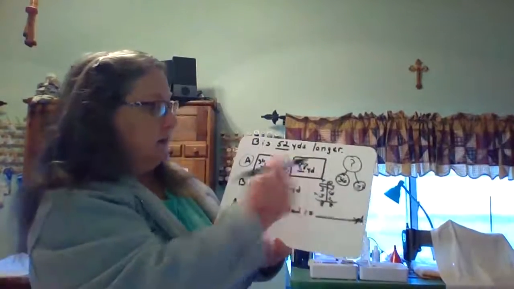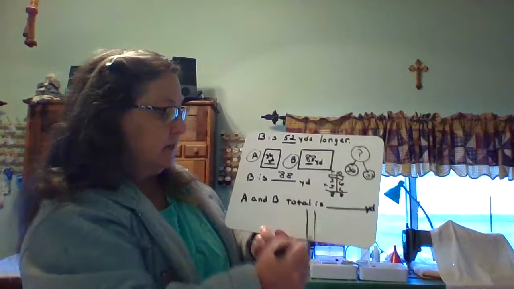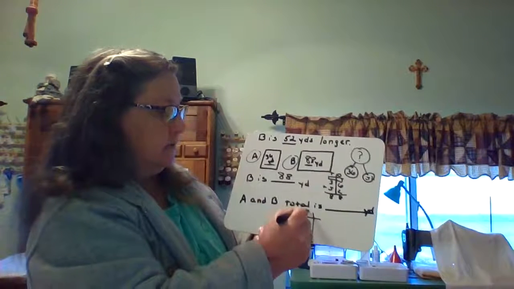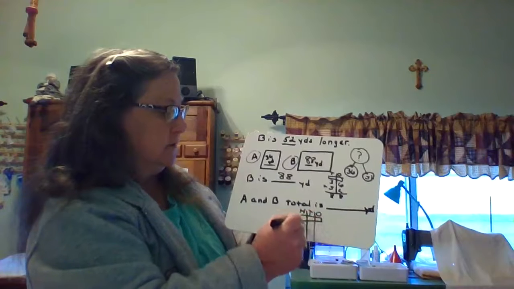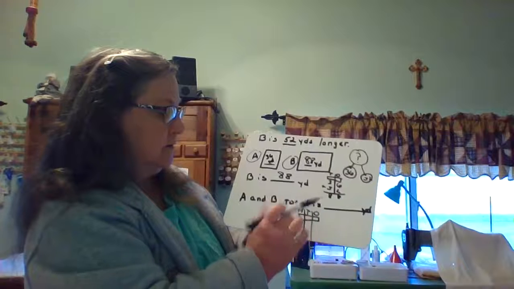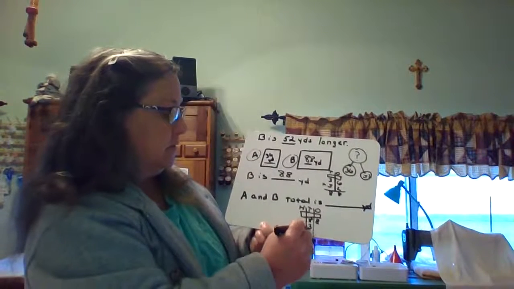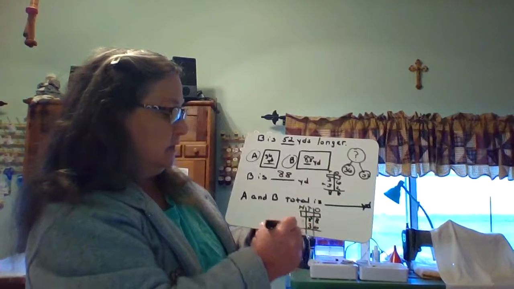I have 88. That's close to that 100. So I'm going to go on and make this a hundreds T. Hundreds, tens, and ones. Then I can put in my 88. And I can put in my 36, and I can add those together.